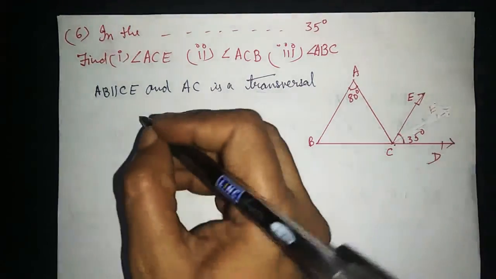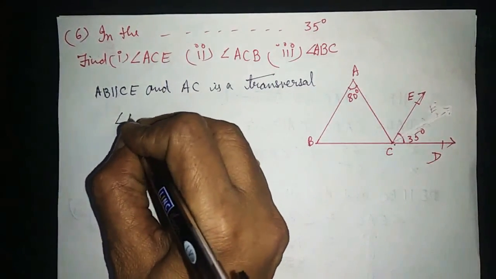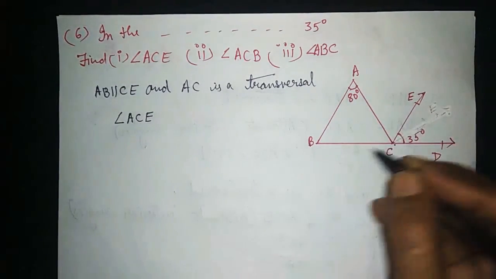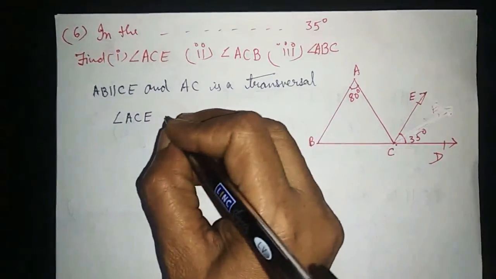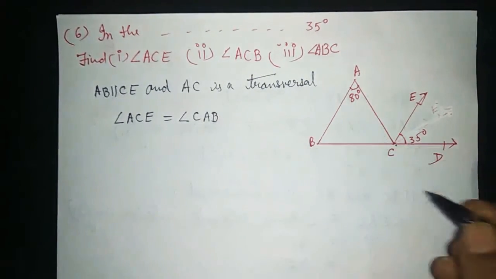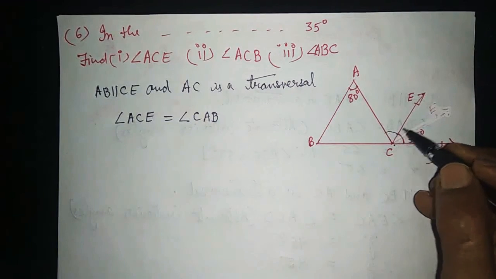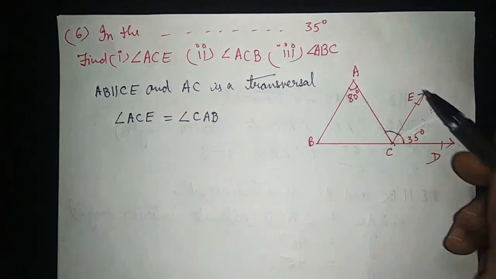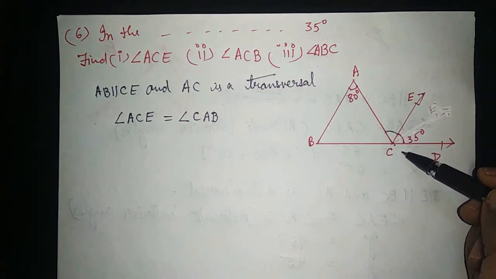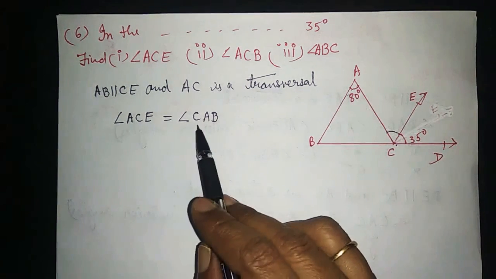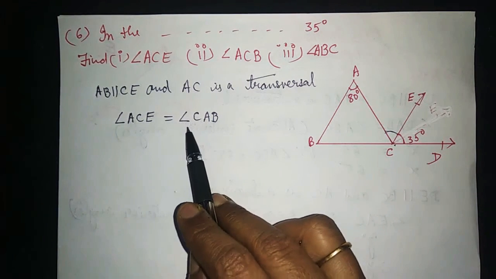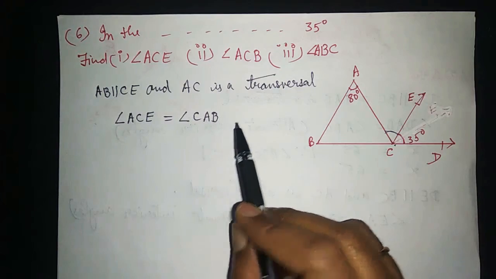Okay, now we will write here angle ACE is equal to angle CAB. Now you will think how these two angles are equal. Students, these two lines are parallel lines and this is a transversal line. So these two angles are what? These two are a pair of alternate interior angles.